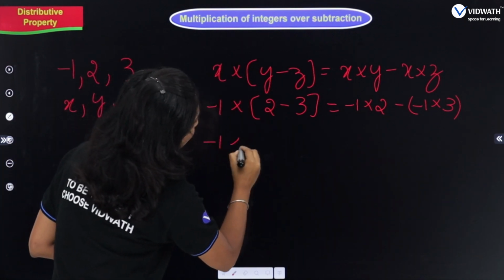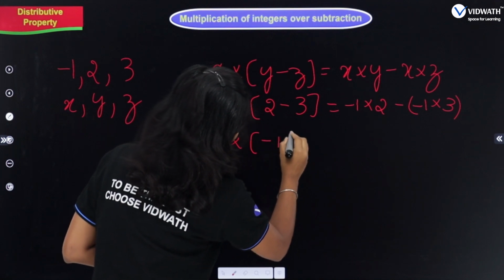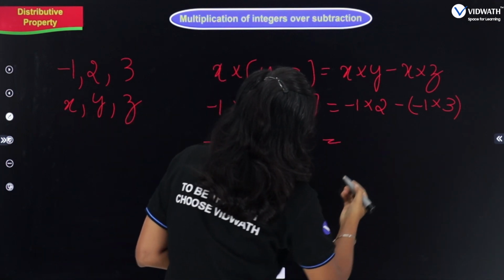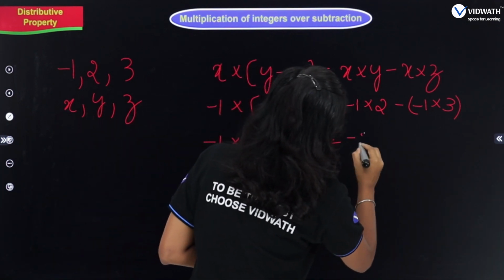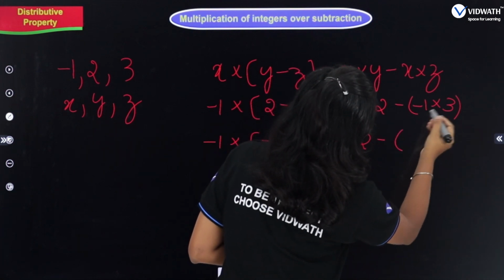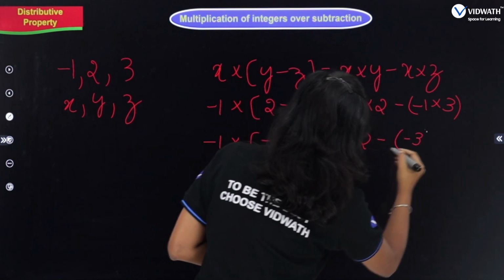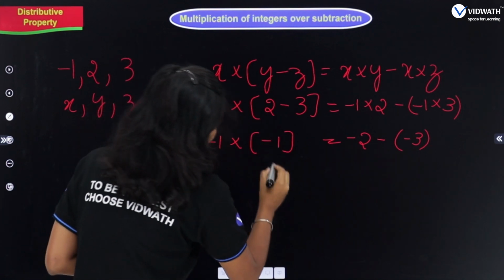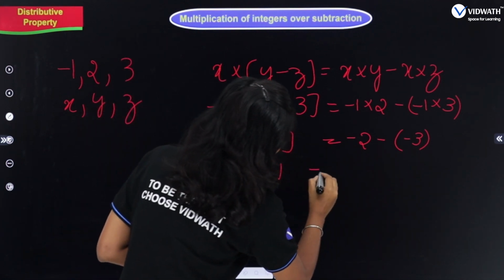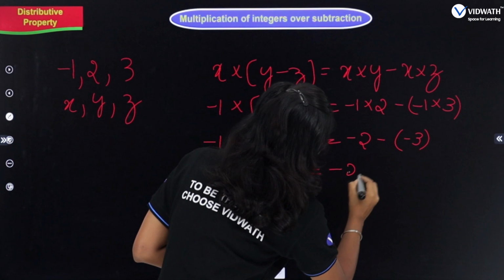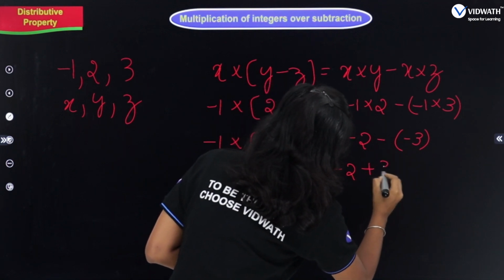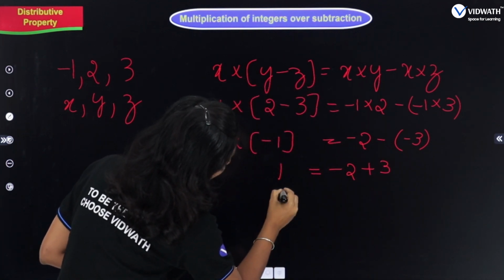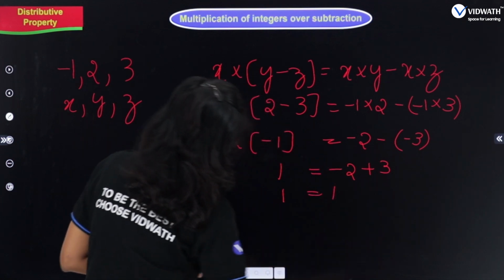So -1 into 2 minus 3 is -1, which is equal to -1 into 2 is -2 minus of -1 into 3 is -3. So -1 into -1 will give you 1, which is equal to -2 minus into minus is plus 3, that is 1 is equal to 1.